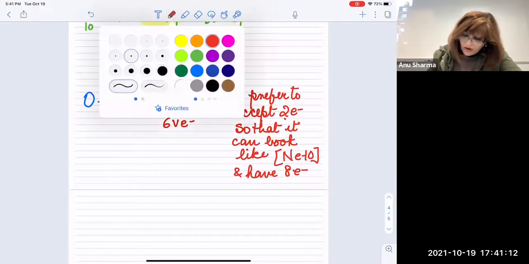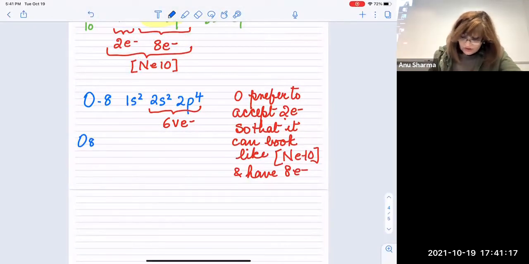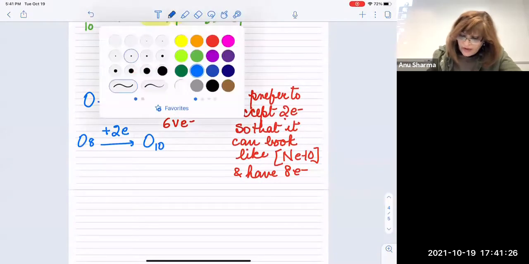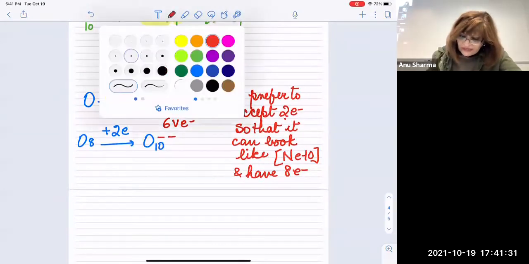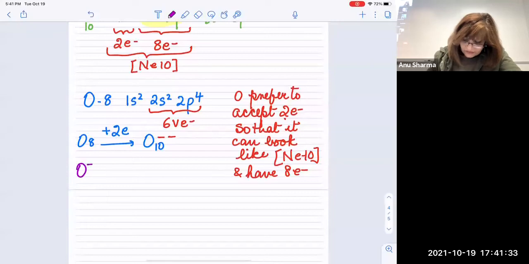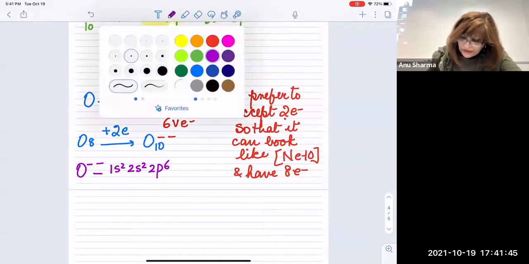Oxygen 8 is going to accept 2 electrons, and when that happens, it becomes oxygen 10, but it will acquire 2 negative charges. So the oxide ion's electronic configuration looks like 1s2, 2s2, 2p6.